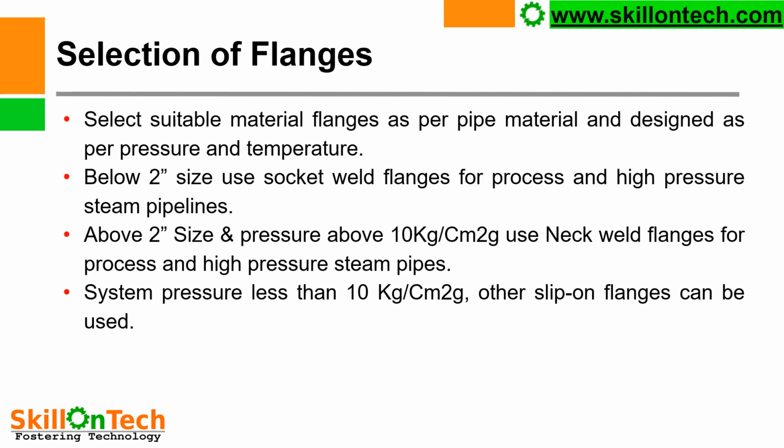Below 2-inch size, use socket weld flanges for process and high pressure steam pipelines. Above 2-inch size and pressure above 10 kg per centimeter square gauge, use neck weld flanges for process and high pressure steam pipes. For system pressure less than 10 kg per centimeter square gauge, other flanges can be used for utility services.